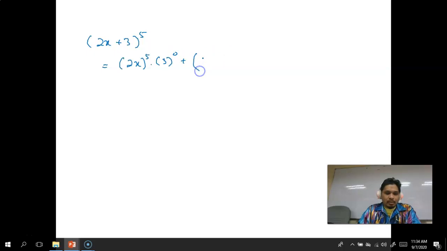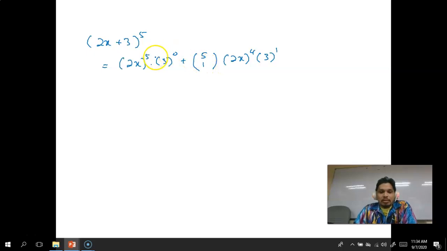Then 5C1, 2x to the power of 4 and 3 to the power of 1. Okay, class, how are we going to make sure that the power of every single term is correct? For example, there are another few terms that I left here.